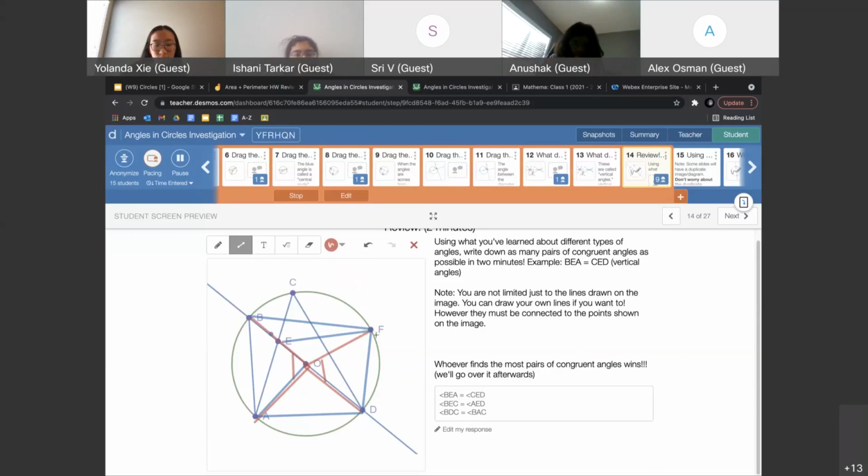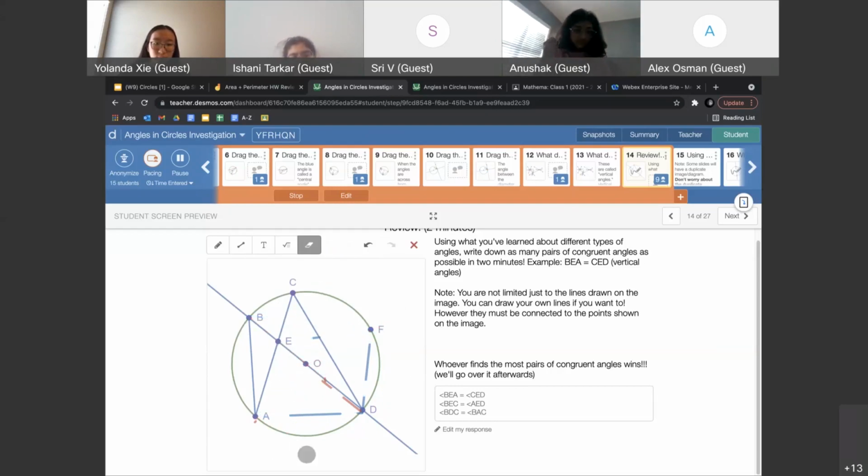So that actually necessarily wouldn't be true because we don't know if AOF forms a line. If AOF did form a line, then that would be true because vertical angles. However, the drawing given suggests that AOF does not form one line. So I don't think that would work. No, I didn't have AOF.